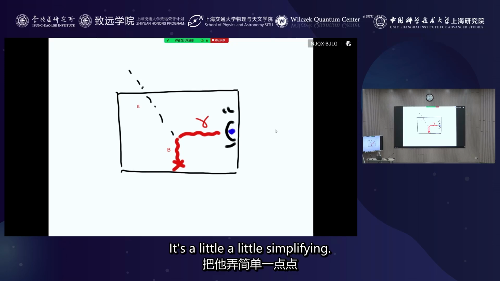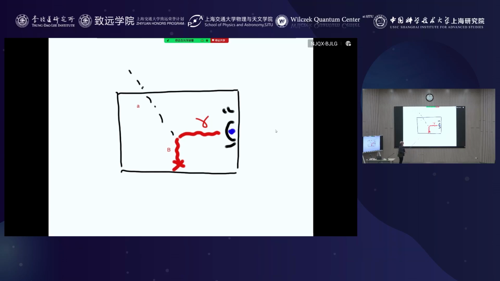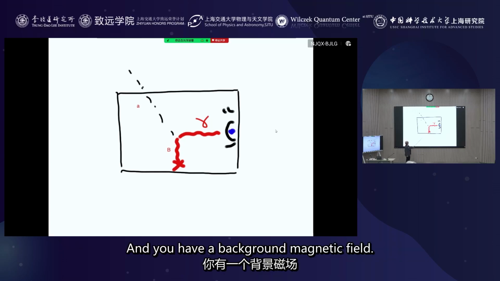It's a little simplified. This is the idea of the experiment. It's based directly on those equations of axion electrodynamics. And you have a background magnetic field.